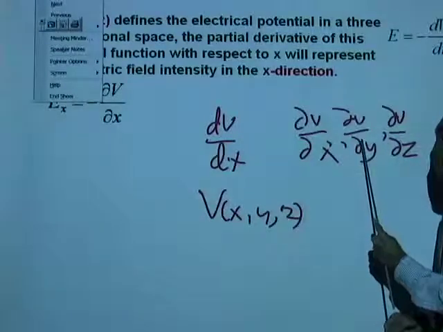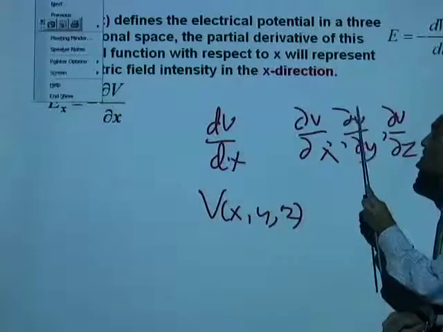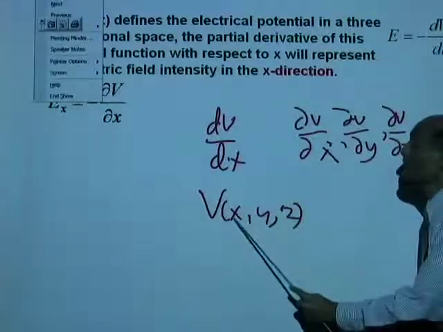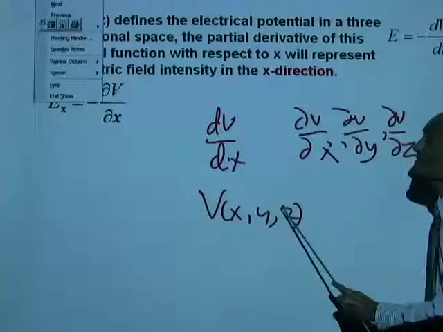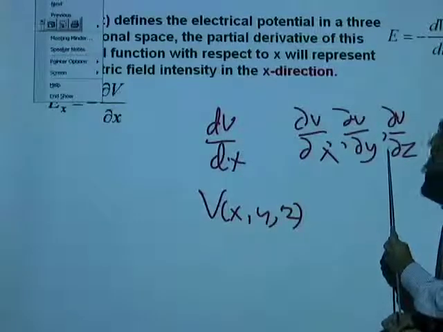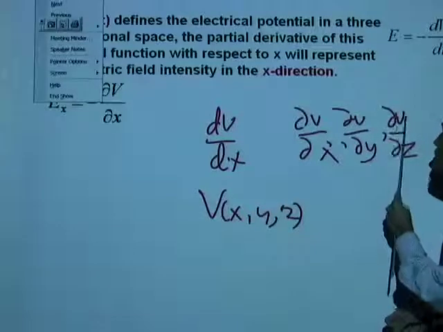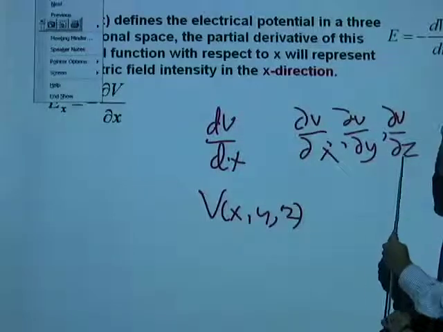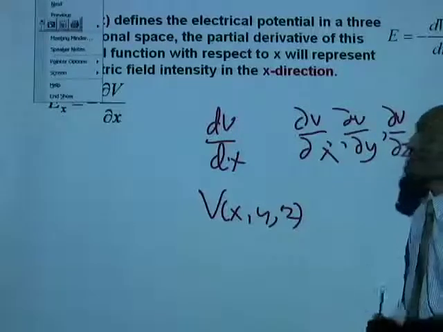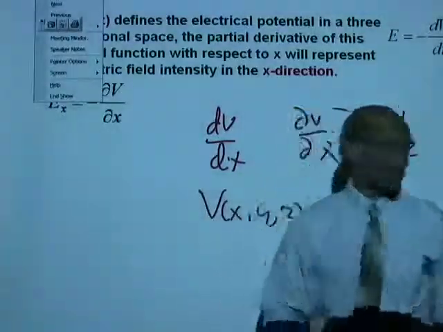Del V by del y is the derivative of the potential function V when x and z are constant. Del V by del z is the derivative of the potential function with respect to z when x and y are constants.